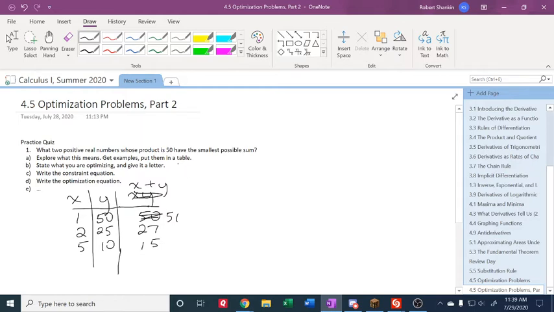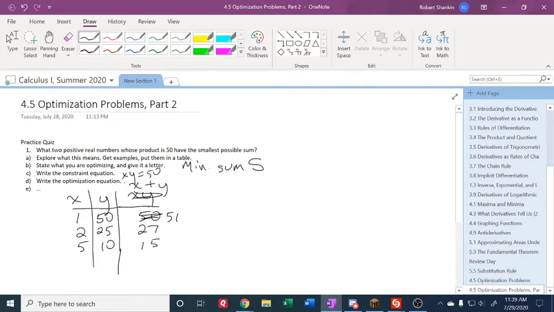All right, so what am I optimizing? We're minimizing the sum. Minimize the sum, and we'll call it S. The constraint equation is x times y must be 50.